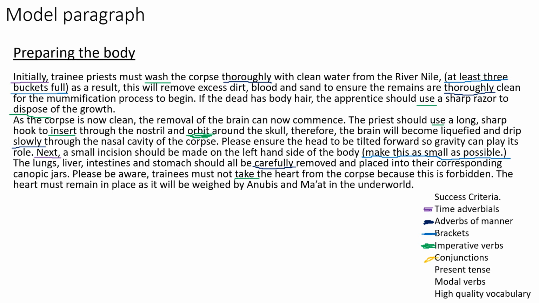So whether it's a fanboy, whether it's a causal conjunction, whether it's an isawabob, so coordinating and subordinating conjunctions, let's see if we can spot them. So can you see on the first bit here, I've got "as a result", so underlining that one, which is my causal conjunction. I've got if, I've got as, so I'm starting my sentence, "as the corpse is now clean". So that isn't a main clause, that's subordinating.